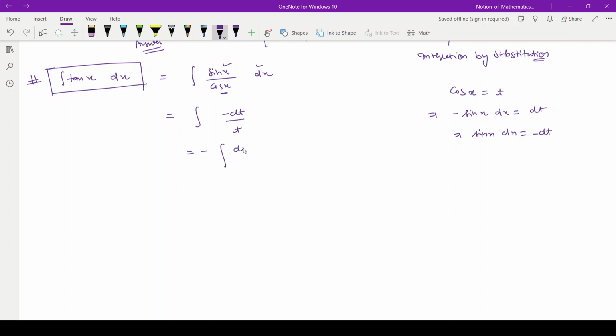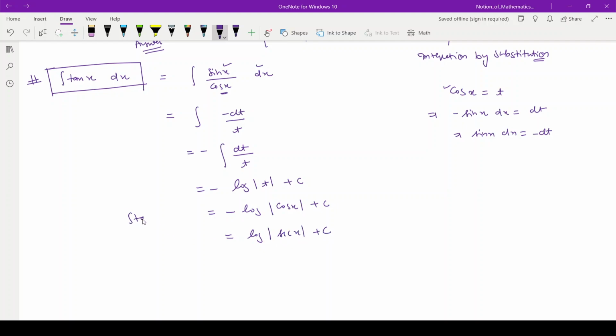Ultimately minus dt upon t, or it is minus log mod t plus c, and t is cosine x. So that is minus log mod cosine x plus c, or we may also write it like log of mod of secant x plus c.